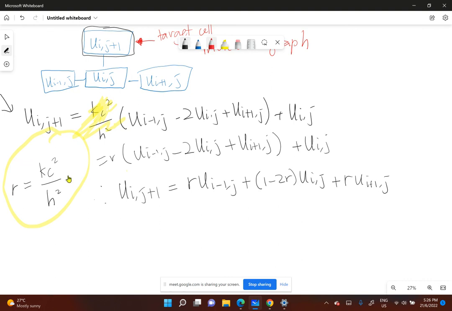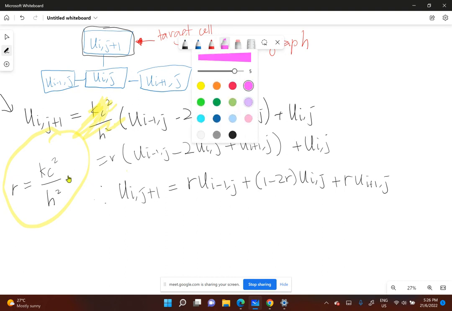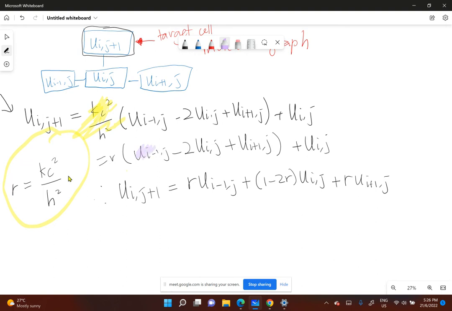So sekarang saya ambil yang ni, saya ambil yang uij, ui minus 1j. Keluarkan. So dia darab dengan R kan? So dapat yang ni. Okay, boleh?